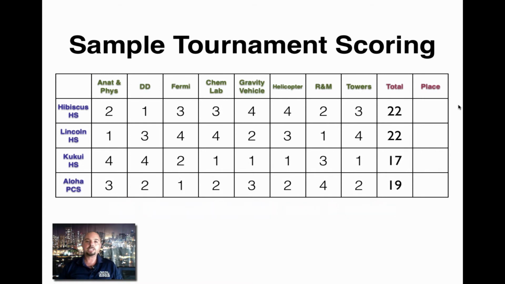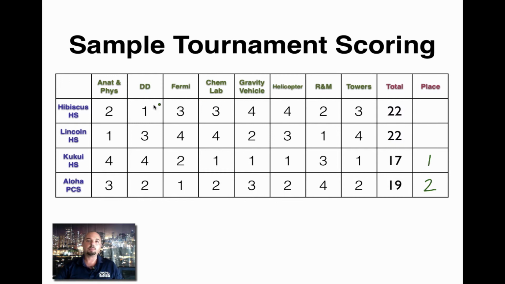Now, in this particular scenario, let's take a look at the scores. We totaled everything up, and Kukui High School has the lowest score for first place. Aloha PCS is in second place, but we have the same total number of points for both Hibiscus High School and Lincoln High School. As I mentioned before, there are no ties. So what is the tiebreaker when it comes to overall scoring?